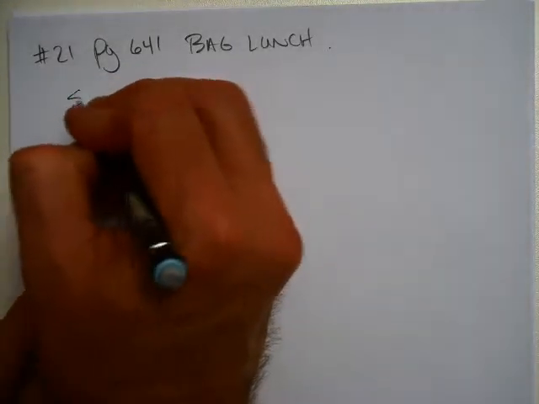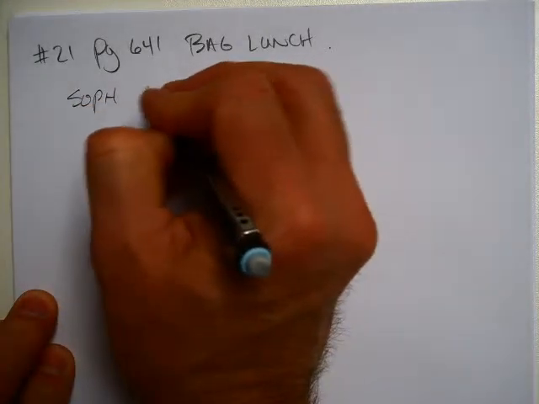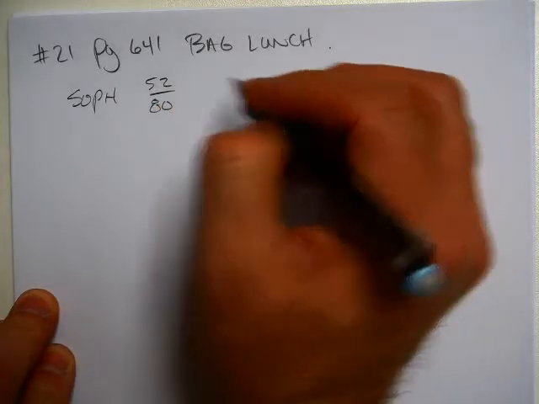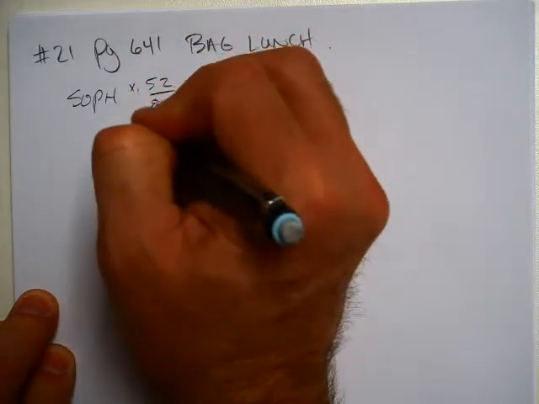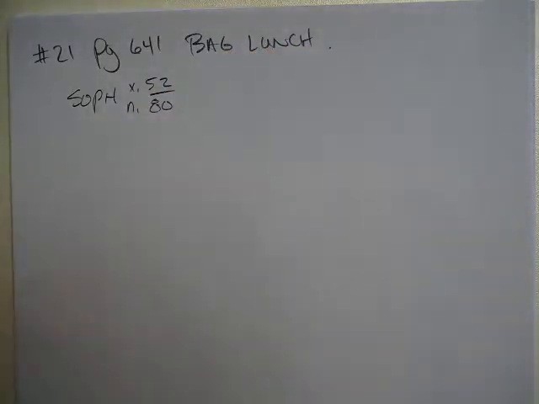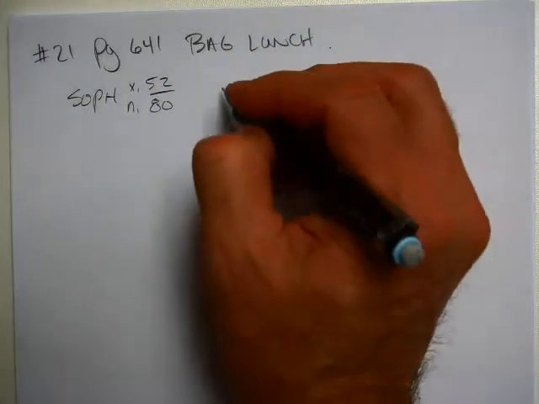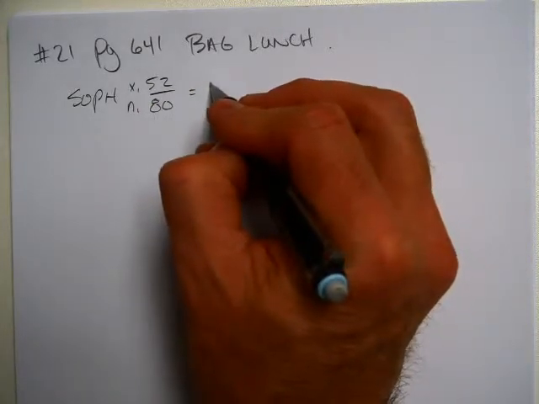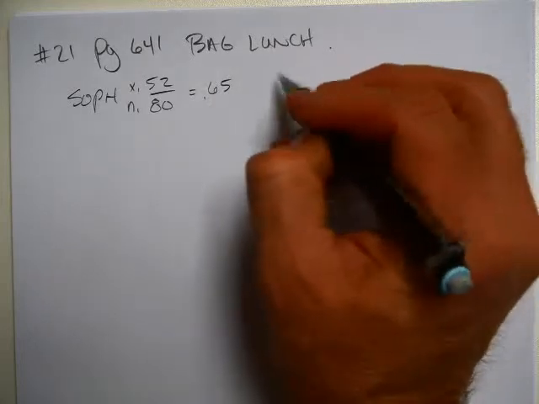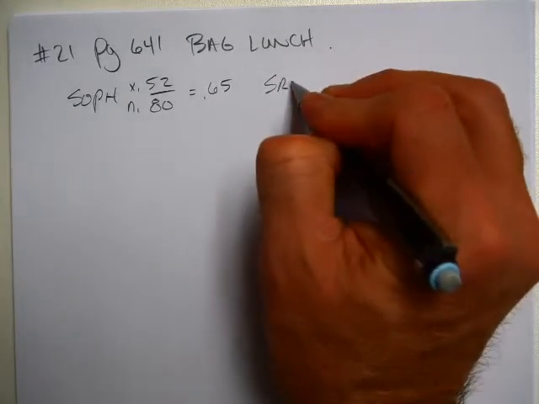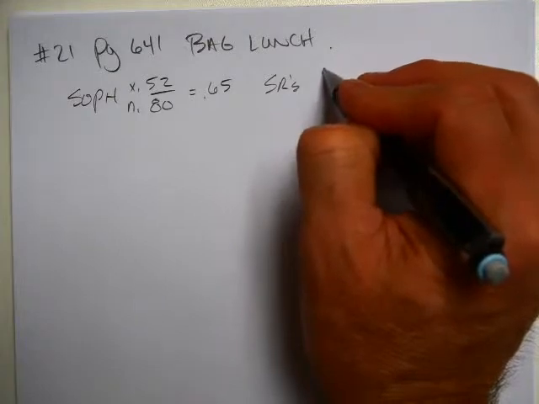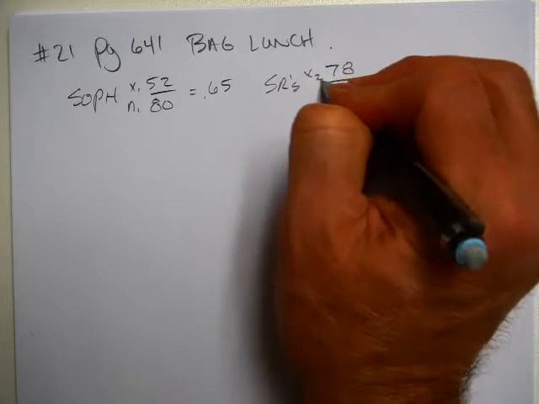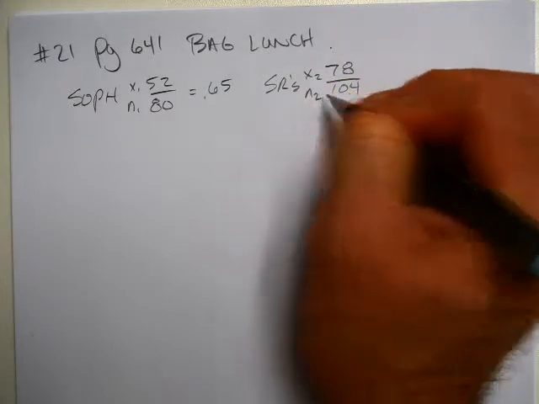So we've got sophomores, 52 out of 80. So this is my x sub 1 and my n sub 1. And if I just get the p hat value for that, that's going to be 0.65. And the seniors is 78 out of 104. So that's my x sub 2 and n sub 2.